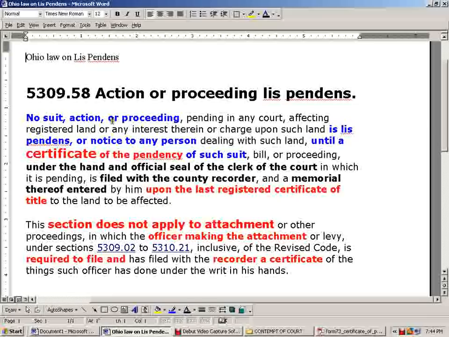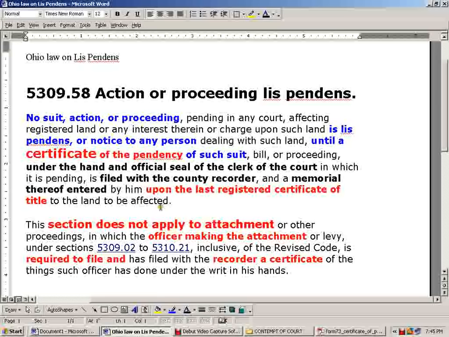No suit, action, or proceeding pending in any court affecting registered land or any interest therein or charge upon such land is lis pendens, notice of suit, to any person dealing with such land until a certificate of the pendency of such suit, bill, or proceeding under the hand and official seal of the clerk of the court in which it is pending is filed with the county recorder, and a memorial therefore entered by him upon the last registered certificate of title to the land to be affected.